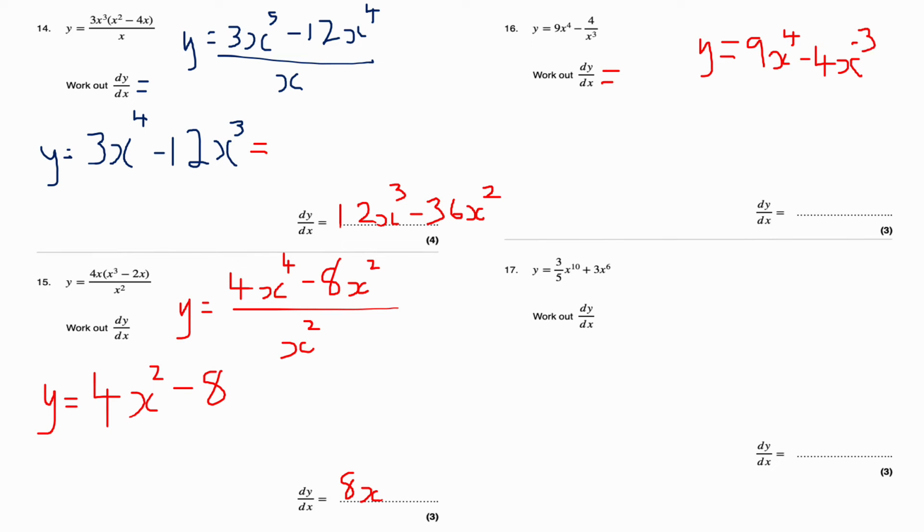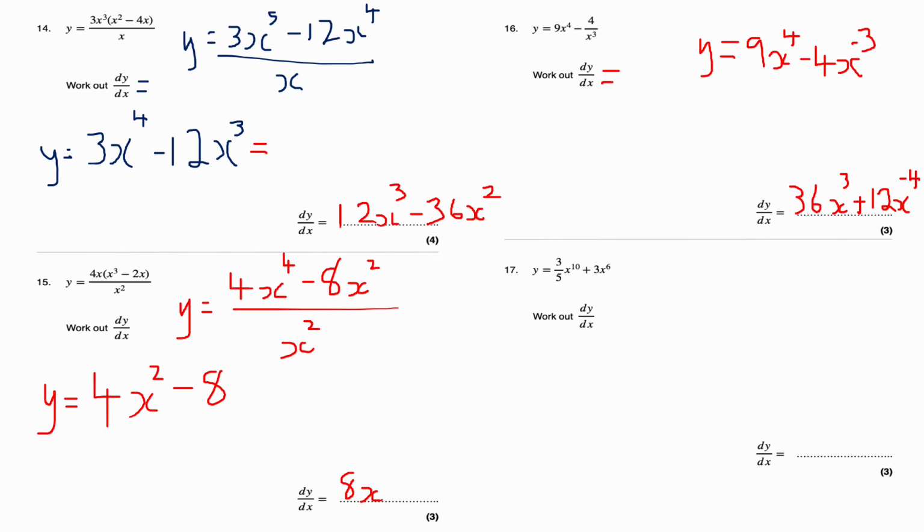Differentiating this, guys, I get 36x cubed plus 12x, and the power comes down by 1. Remember that it becomes a negative 4, because minus 3 take away 1 is negative 4 and not negative 2.